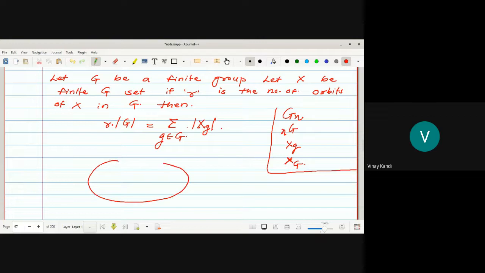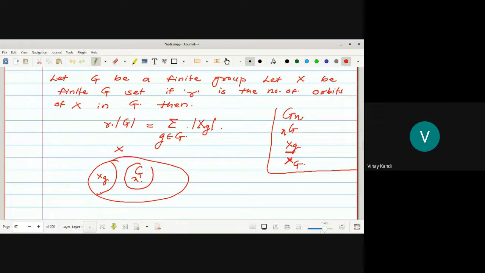Suppose this is capital X. Okay, what is xg? Xg is a subset of X, so this is capital xg. Orbits are of what? Orbits are of xg.